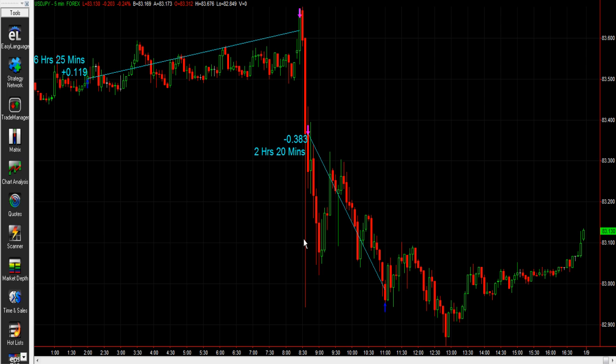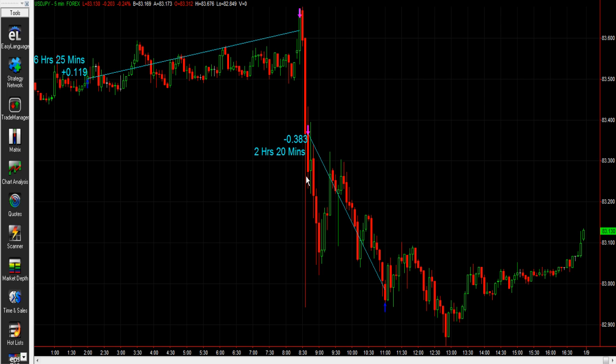There were 100,000 jobs added, but the market was expecting a lot more, about 150,000 more jobs. So we had this huge spike down.